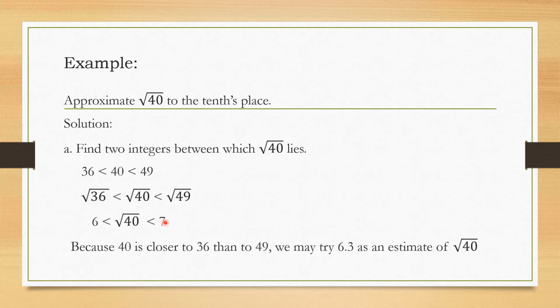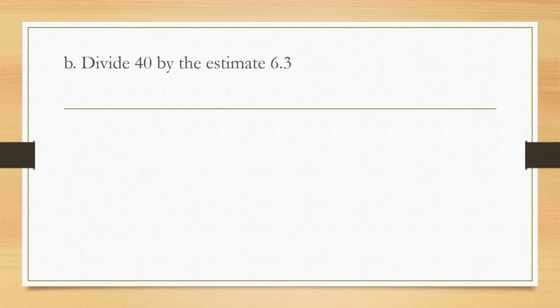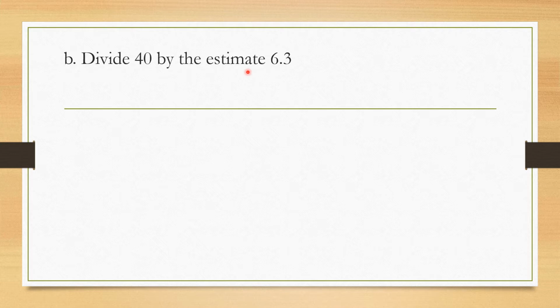Now, because 40 is closer to 36 than to 49, we may try 6.3 as an estimate for the square root of 40. What are we going to do? Divide 40 by the estimate 6.3. How are we going to do that?